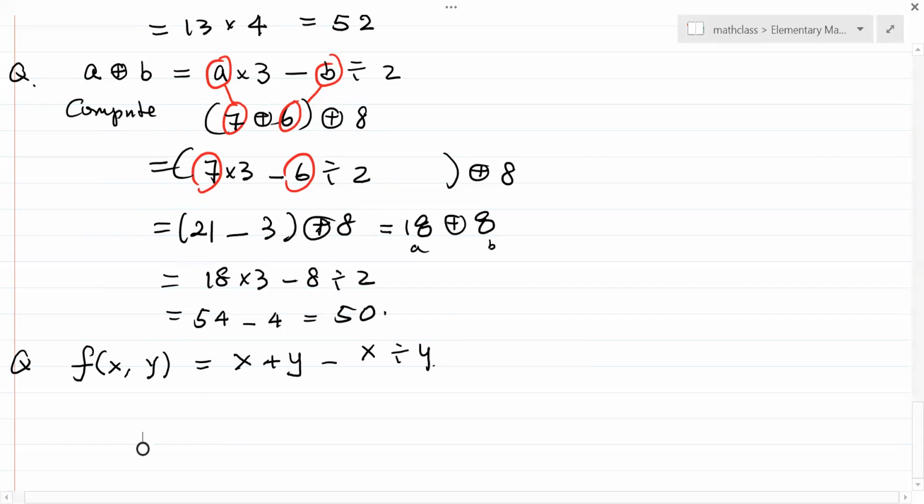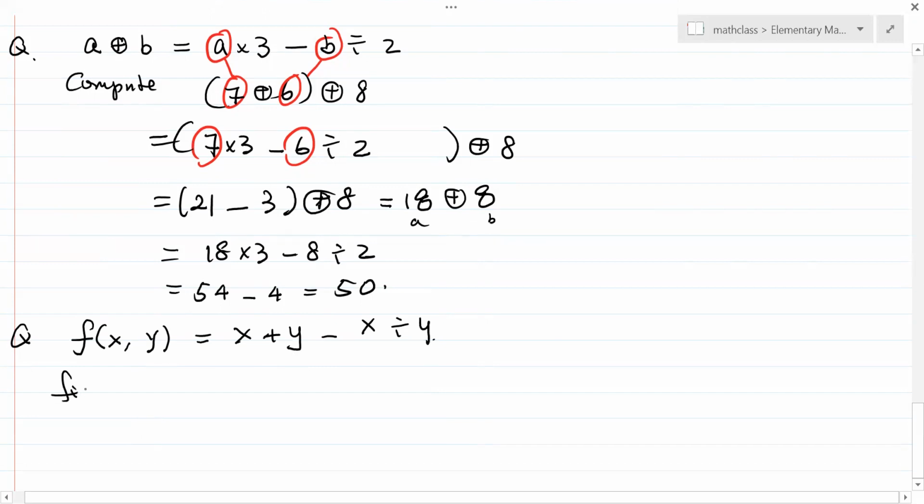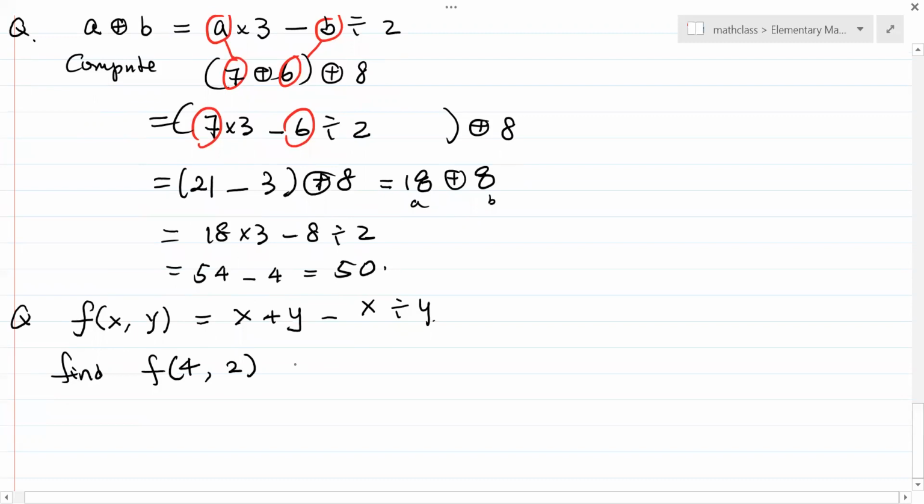Notation can be different. Sometimes I put some symbol between X and Y, but sometimes I use this notation, F of X and Y. So I'm going to ask you to find F of 4 and 2, okay? So what does that mean? That means in the place of X, you have to put the 4 there.